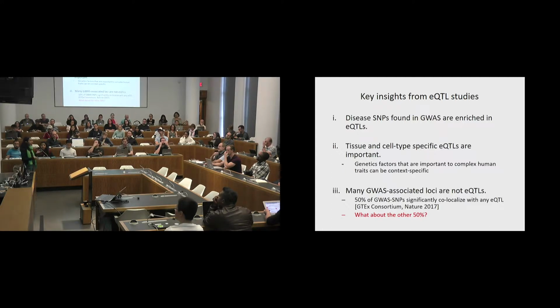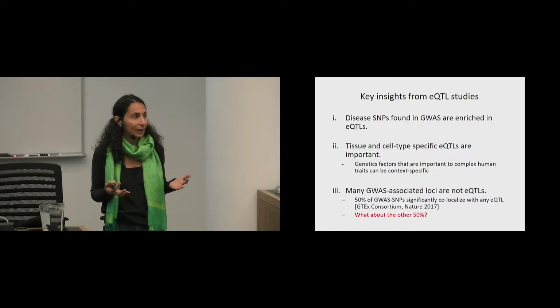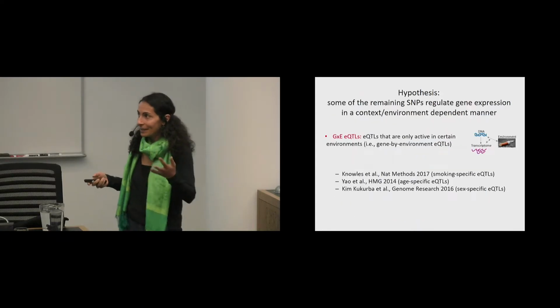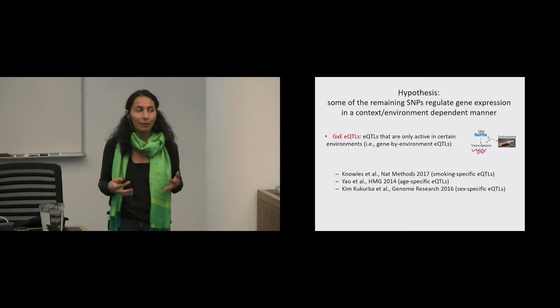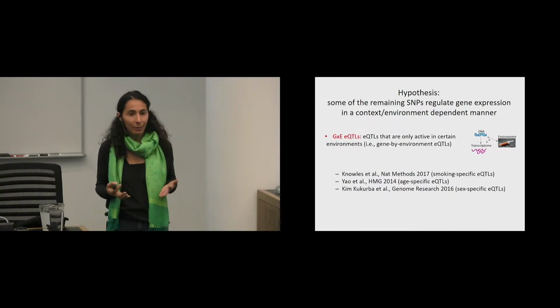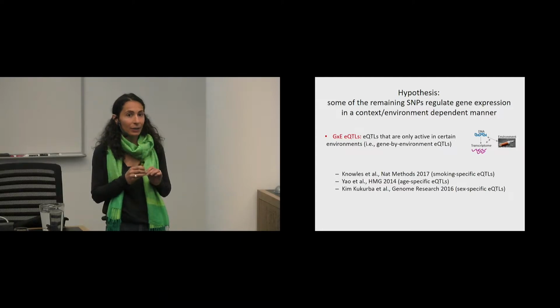So the question is, what are these other 50% of SNPs doing, and can we try to figure out their mechanisms? This motivated our work to try to come up with some alternative hypotheses. One potential hypothesis could be that maybe these SNPs are eQTLs, but in a context-specific manner.